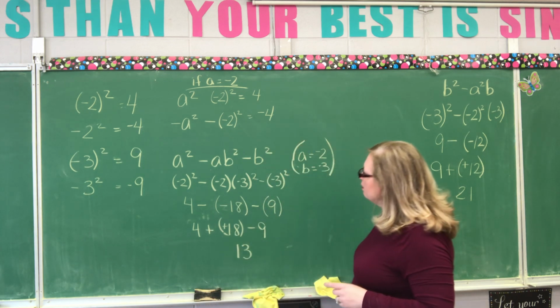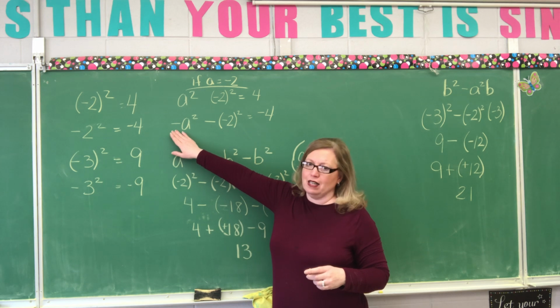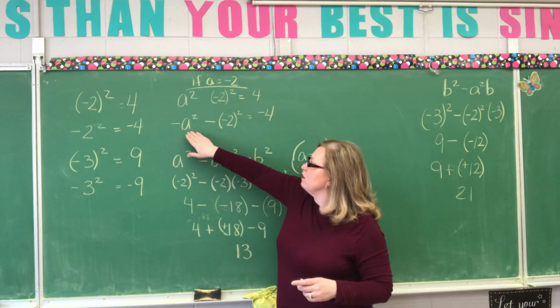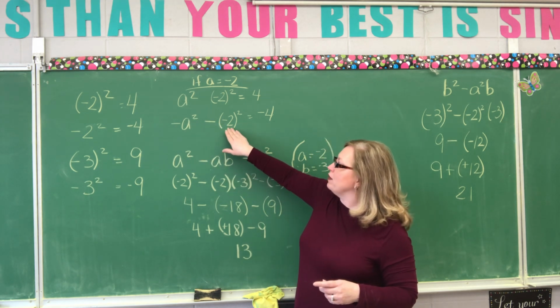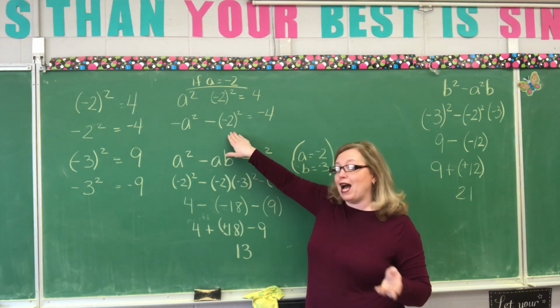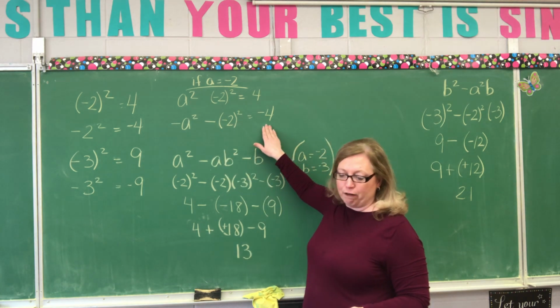Let's see if I found one real quick. Here, this negative sign is not inside parentheses. So when I put it in, I'm going to say the opposite of a squared, where my a is a negative 2. So the opposite of negative 2 squared. So negative 2 times negative 2 is positive 4. The opposite of that is negative 4.